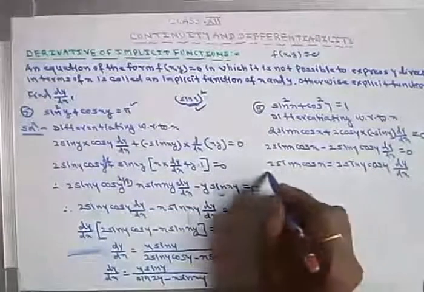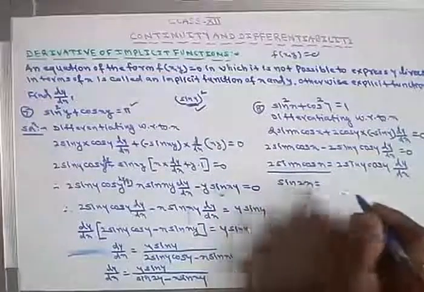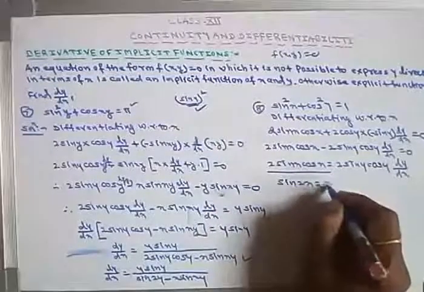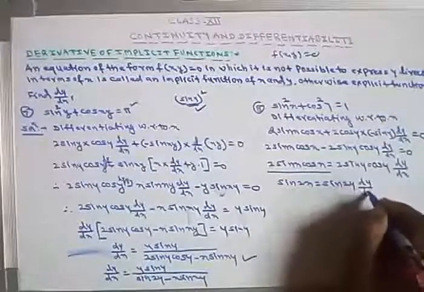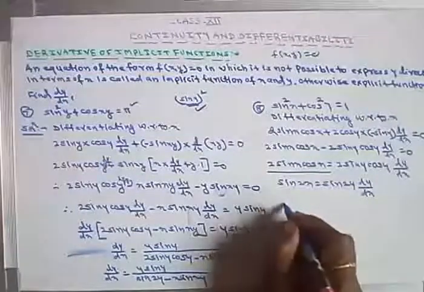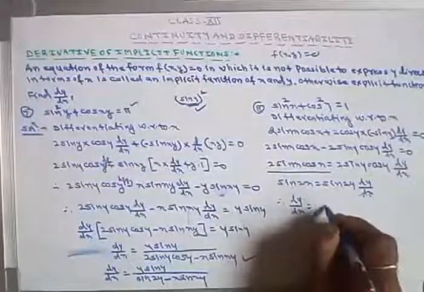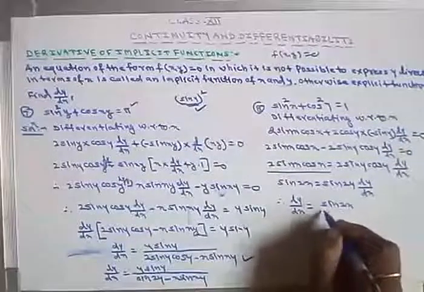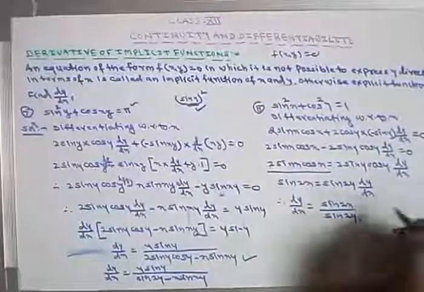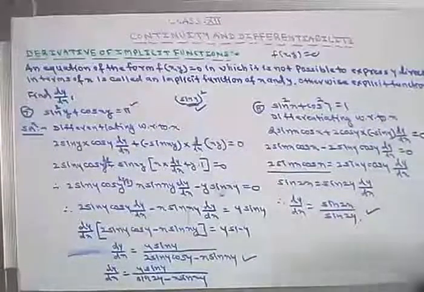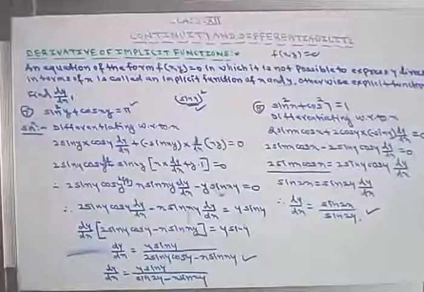Okay, so this is 2 sin x cos x means sin 2x equal to, this is sin 2y dy by dx. Therefore dy by dx equal to sin 2x upon sin 2y. Okay students, in this way you find the derivative of the implicit functions for other examples.